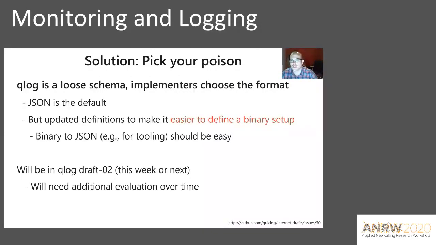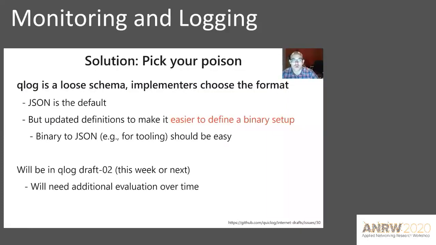The documents will still assume you're using JSON, but we're going to make it a lot easier to make it compatible with binary schemas, so that people that really need this for their production setup can indeed move to that kind of thing, while still keeping the same qlog definitions as you use in JSON. This should be in the next qlog version that is expected to drop either this week or next.